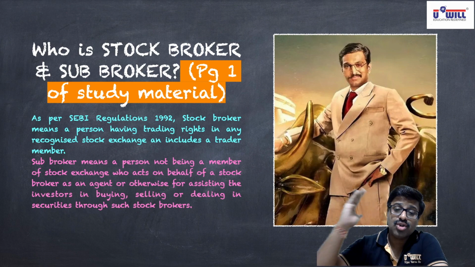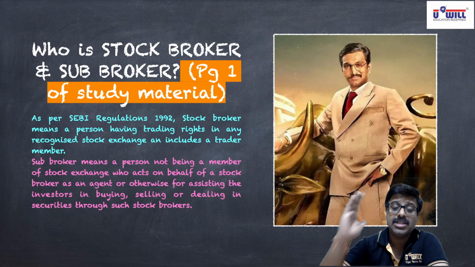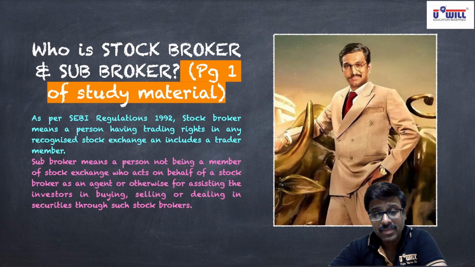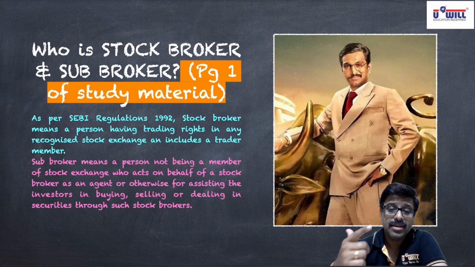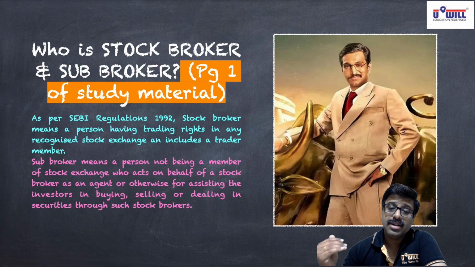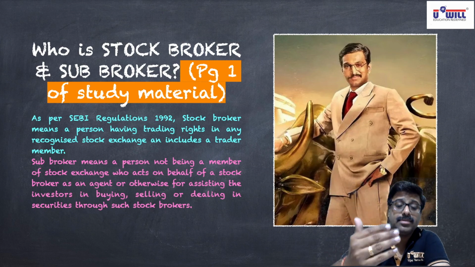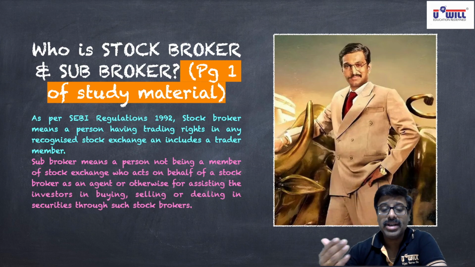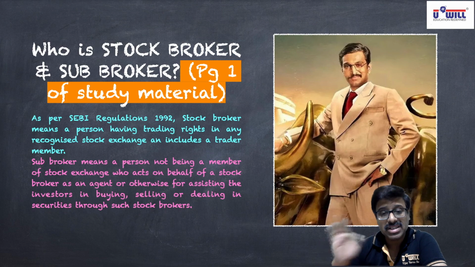So one is the stockbroker, who has the trading rights, who is given the rights by SEBI to buy and sell shares. You can say he is a listed member of the stock exchange. Whereas a sub-broker is not a listed member of the stock exchange. He is just a subordinate. The word sub is derived from the word subordinate.